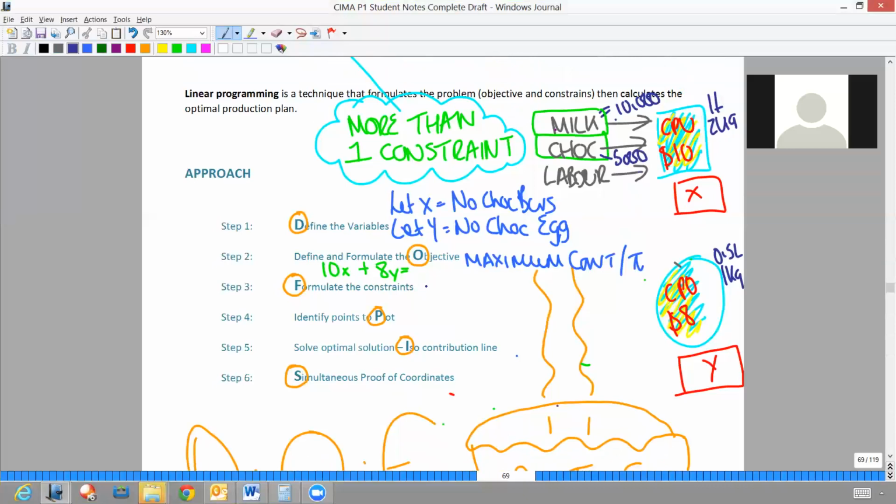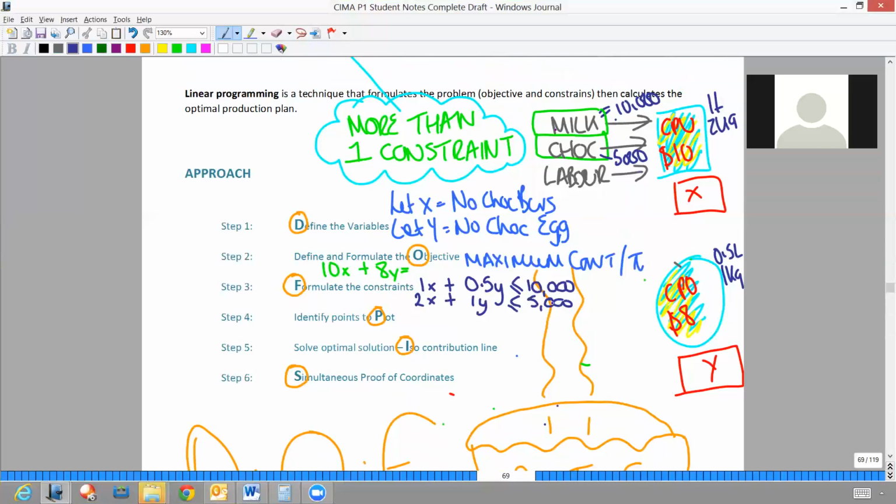So you would say that you need 1 litre of milk in every X and half a litre of milk in every Y, but you cannot exceed 10,000 litres. So the answer to that equation has to be equal to or less than 10,000 litres. And for your chocolate, you need 2 in every X, 1 in every Y, but you cannot exceed 5,000.